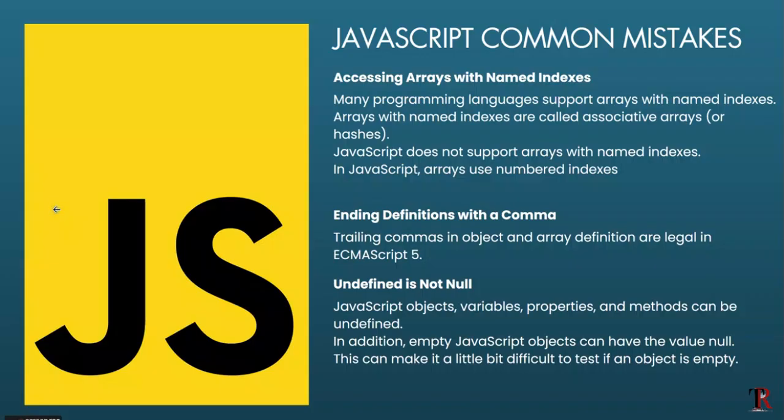Undefined is not null. JavaScript objects, variables, properties, and methods can be undefined. In addition, empty JavaScript objects can have the value null. This can make it a little bit difficult to test if an object is empty. You can test if an object exists by testing if the type is undefined.